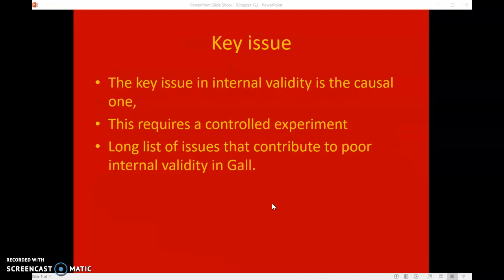And there's a long list of issues that contribute to poor internal validity in your book. For example, John Henry effect, compensatory rivalry, history, maturation. How do you know that it's not one of those things that's causing the change that you've implemented versus something else? That requires a controlled experiment.